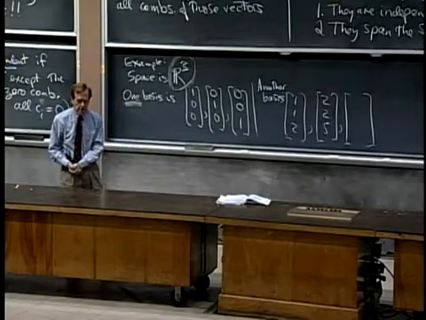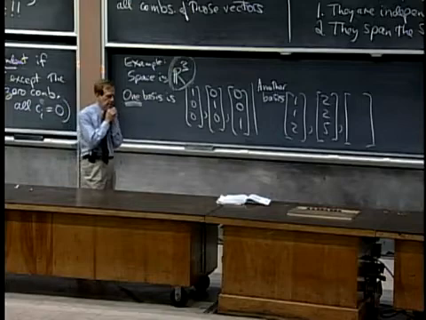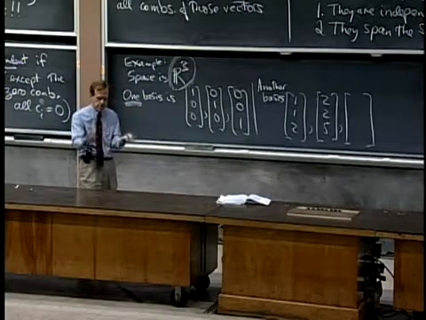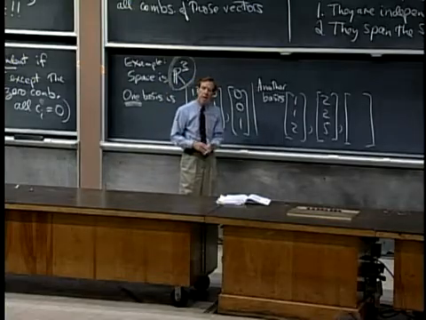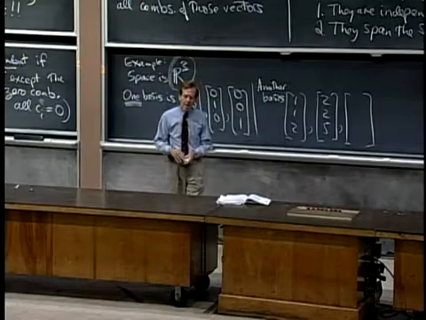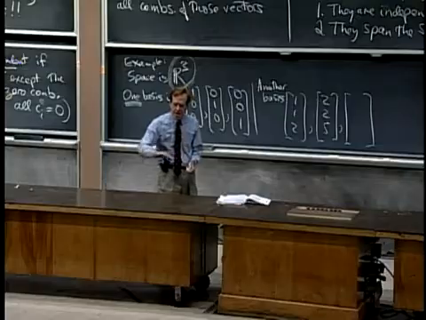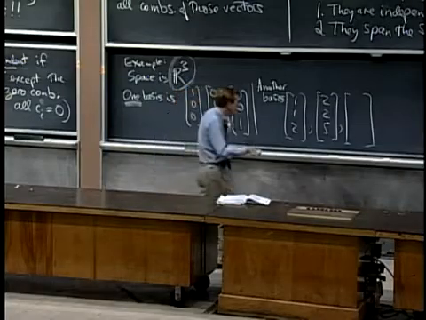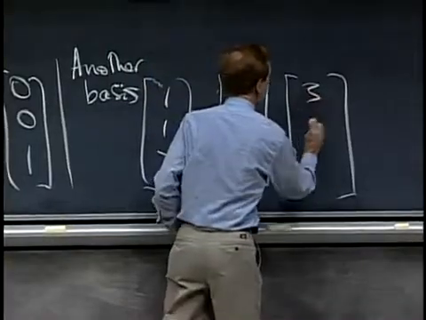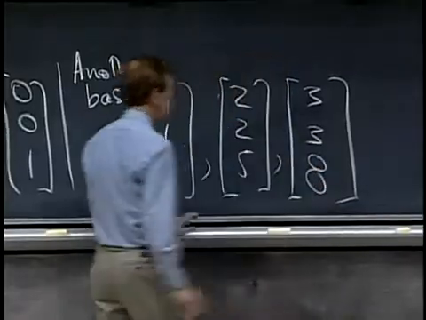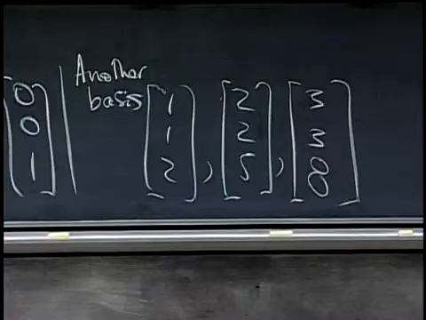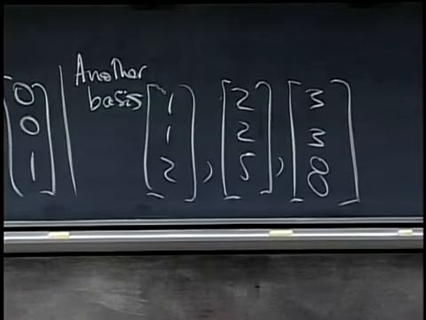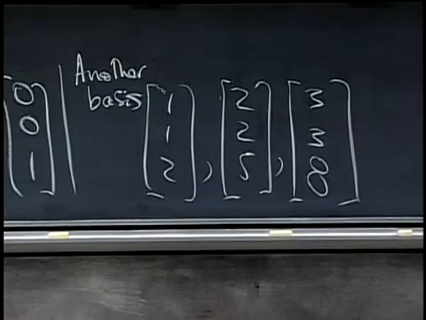It wouldn't be independent. My attempt to create a basis would be dead. But what vector can I take? I can take any vector that's not in that plane. Let me try. I hope that 3, 3, 8 would do it. At least it's not the sum of those two vectors. But I believe that's a basis.